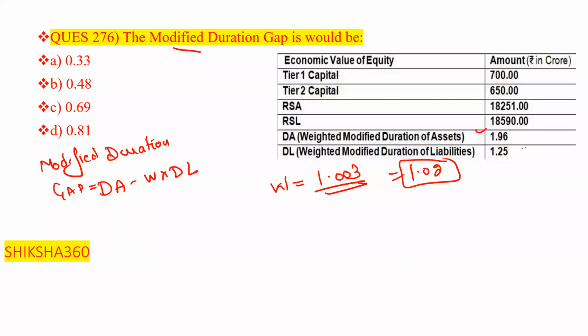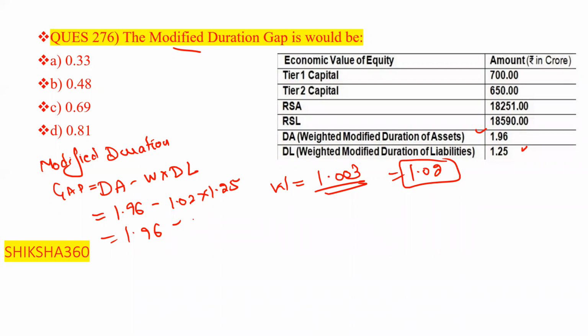So just put the formulas. dA they have given, DL they have given. dA is 1.96 minus 1.02 into 1.25.